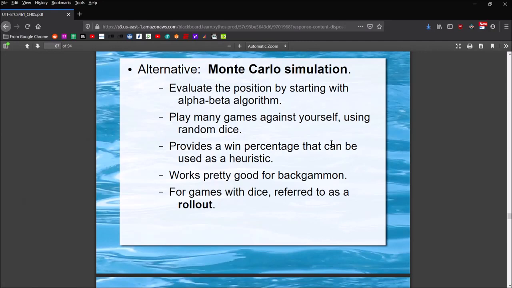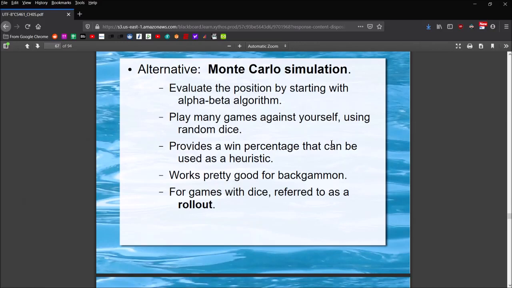Use the alpha beta algorithm, and you play as many games as you can against yourself using random dice. And by doing that, that allows you to have a particular win percentage.